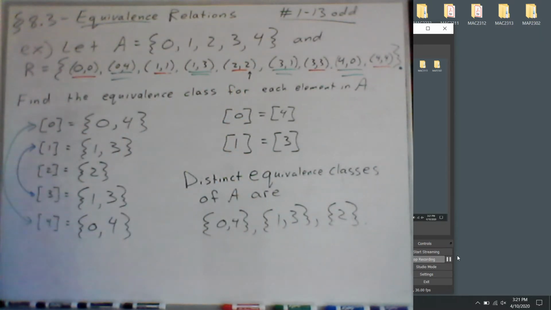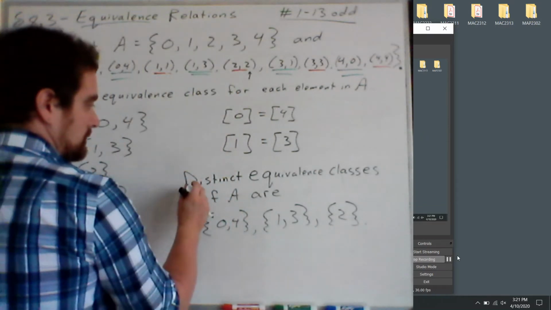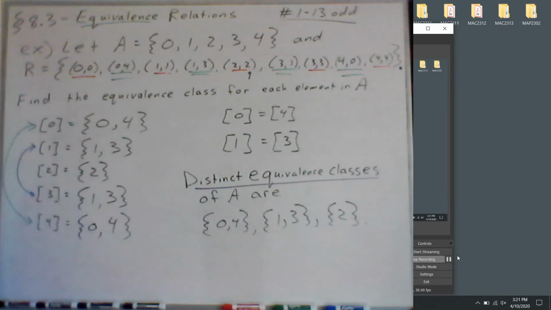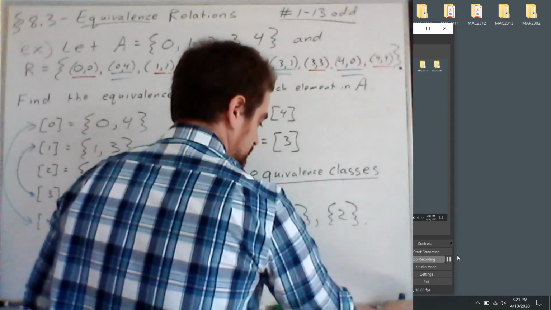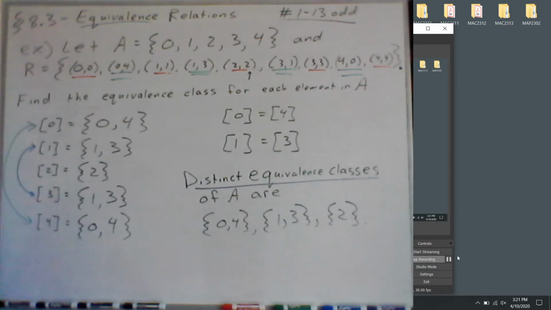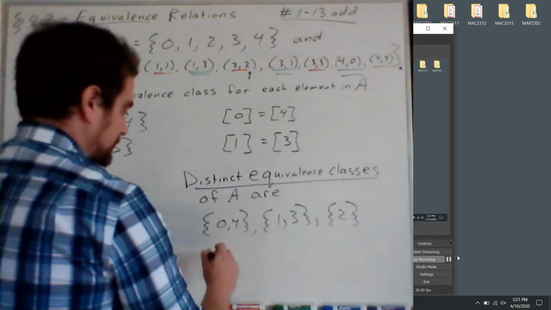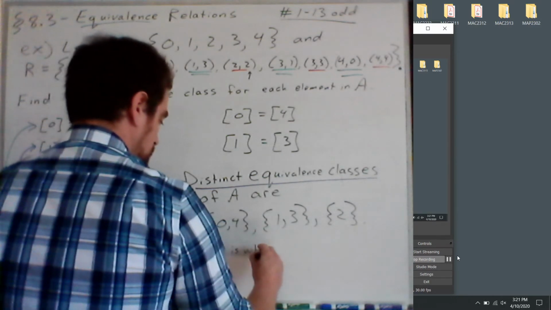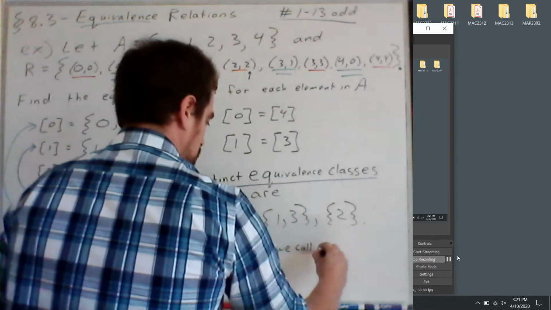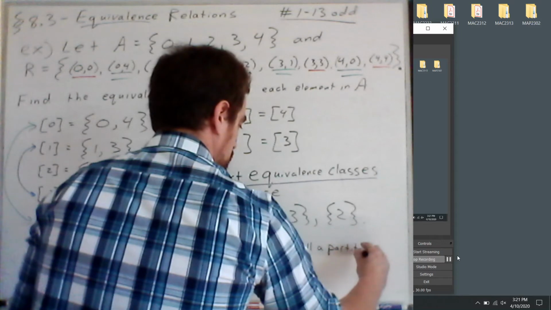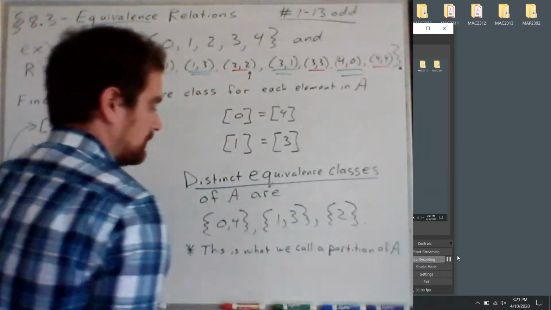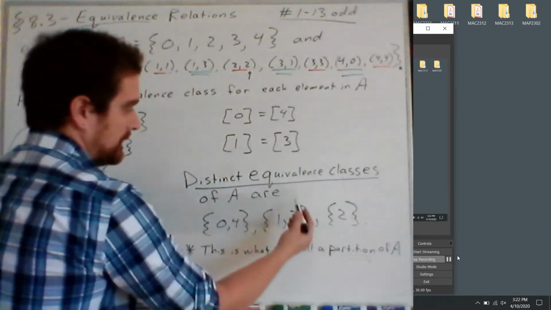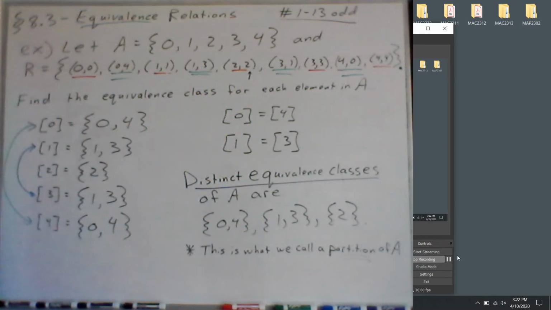Those are the distinct equivalence classes of A. We just kind of omit the repetition. This is what we call a partition. So we use this word partition when we talk about distinct equivalence classes. It's just easier to say partition.